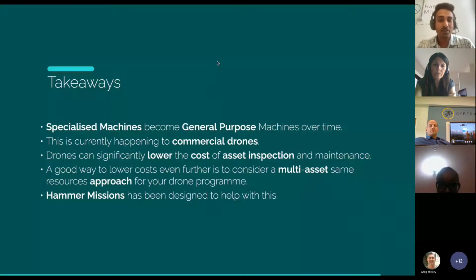We know the ROI is there, the business case is there, but it's even better to look at how we get our ROI even better by focusing on a multi-asset approach whilst building a drone program. And Hammer Missions is a software platform that we're creating to address this particular problem.